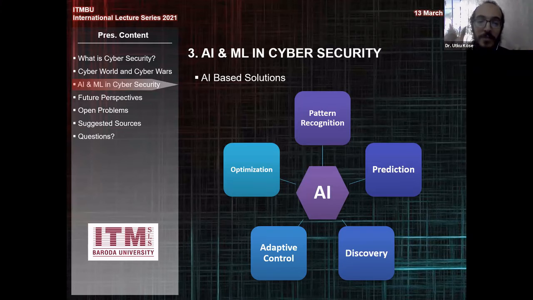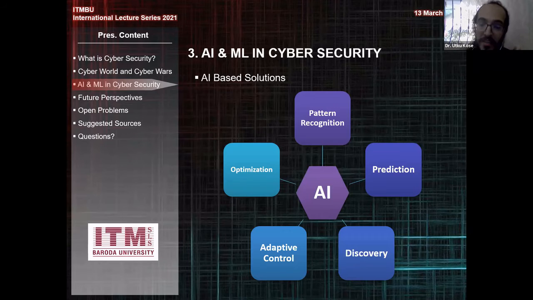So we should be careful about the balance in using AI and machine learning on both sides of cybersecurity. And adaptive control maybe includes the use of adaptive management and control of the cyber defensive side of your system, considering AI-based pen test tools or software systems, for example.